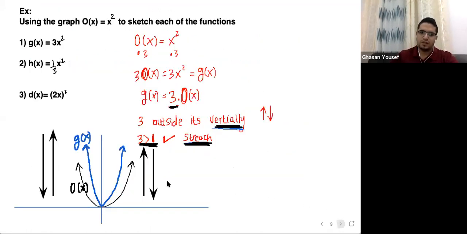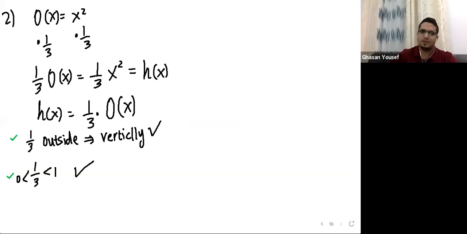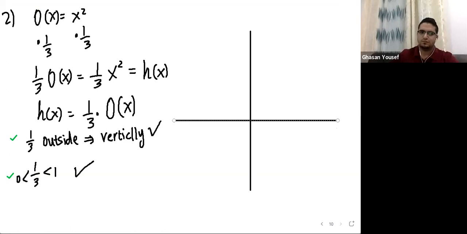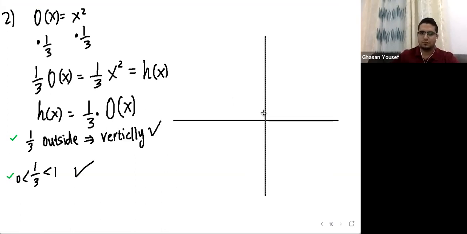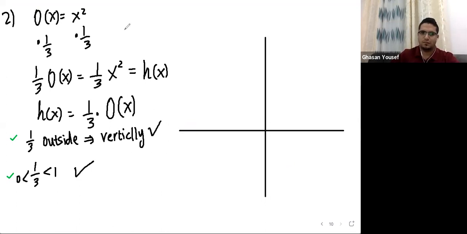So my original function is f of x equals x squared.